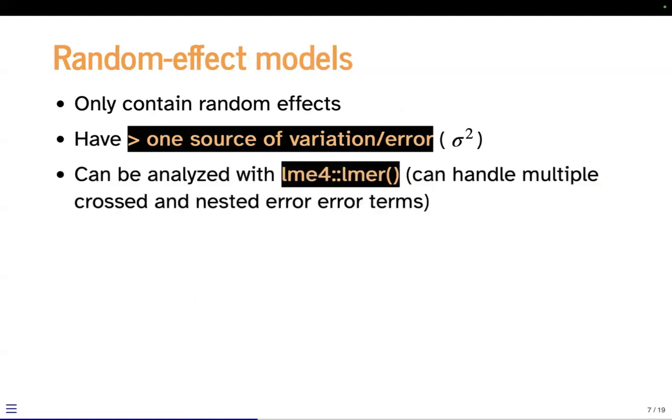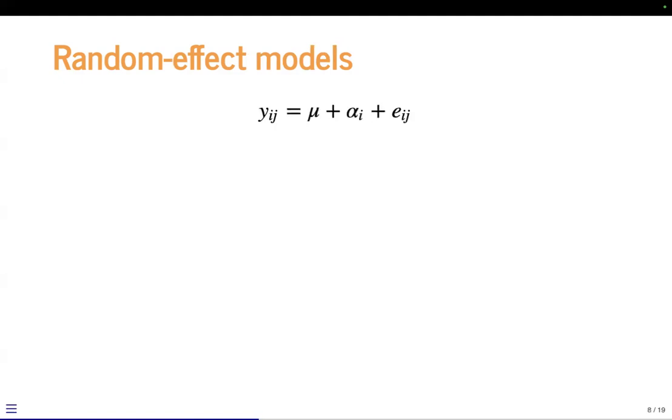In R, we're going to have to use a different function. There's one function, lmer from the package lme4, that we're going to be using, because this function allows for the computation of an extra source of variation or error.